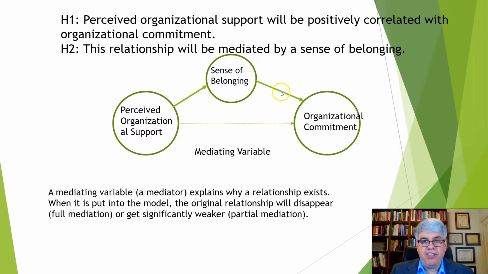Now, sometimes both this line and this line are still significant, and that's called partial mediation. So we use mediation to test why something is happening. We've got perceived organizational support and organizational commitment. Why are they related? A mediator is a sense of belonging that is created by perceived organizational support, which causes organizational commitment. So that's a mediating variable.